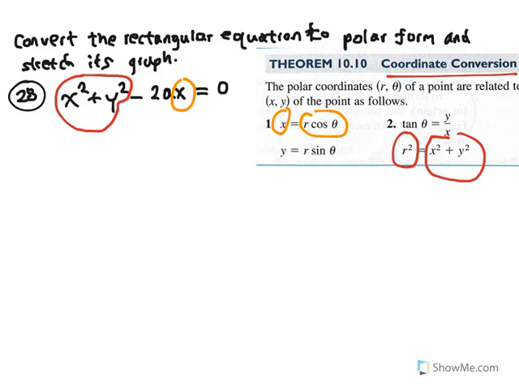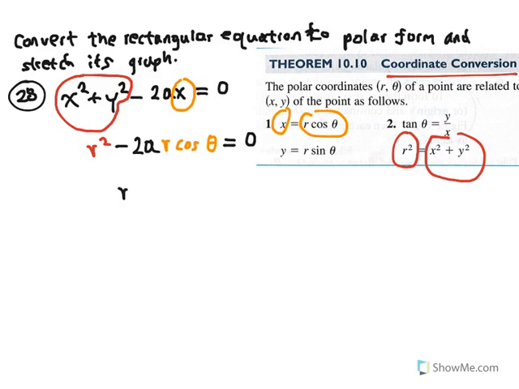So we're going to replace x squared plus y squared with r squared, and then we have minus 2a times x, and x is, of course, r times cosine theta. So we've accomplished our goal of no longer having x and y, but everything is now in terms of r and theta. So we do, in fact, have a polar equation.